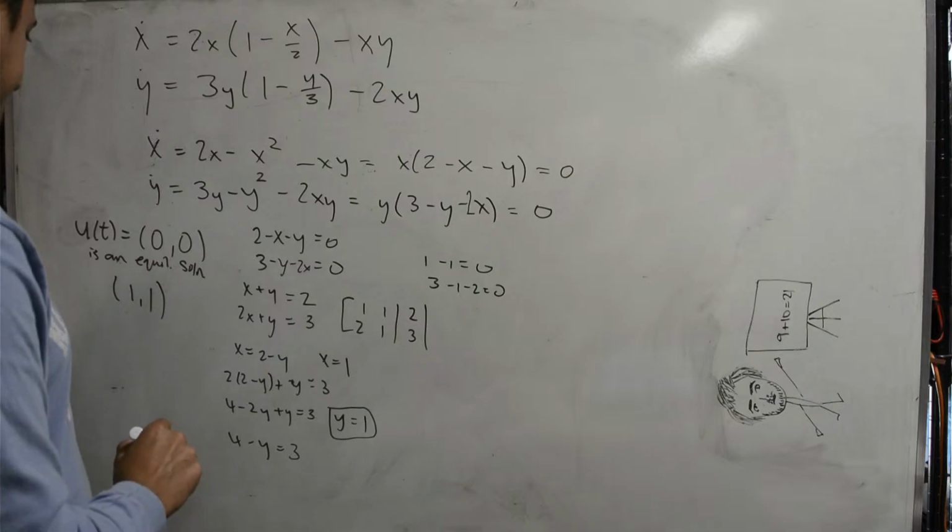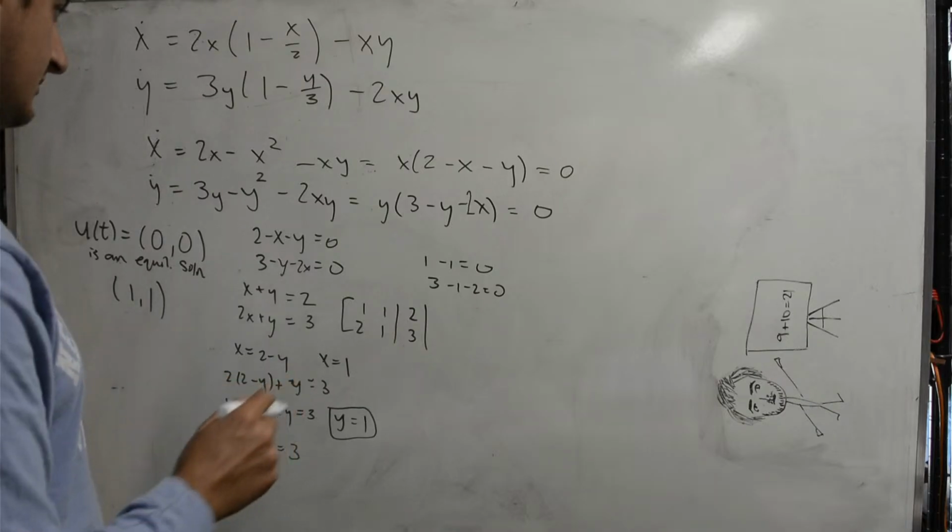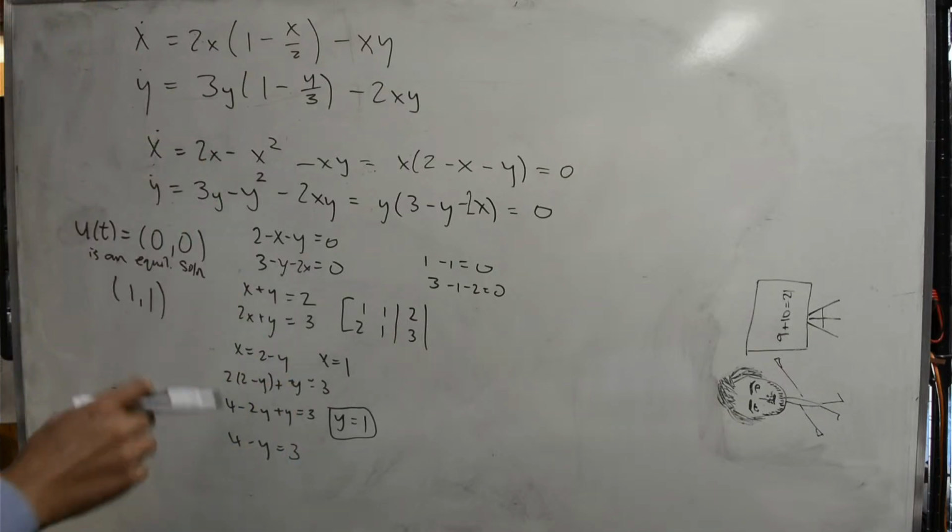Okay, and then finally, but see, this is my problem. You can grind through this, but how do you know that there's another one?